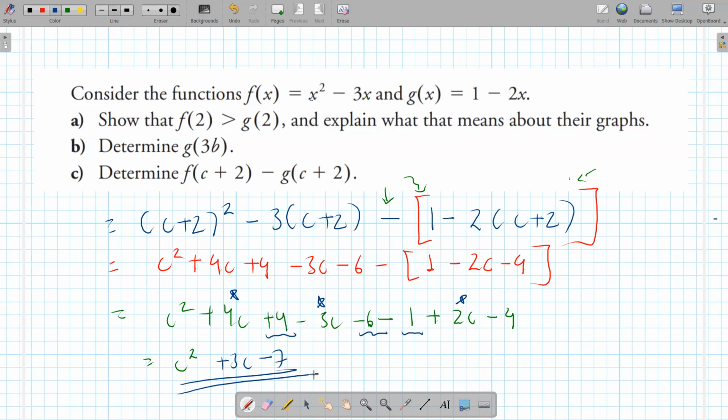Okay? Okay. What if I asked you, in the context of this question, what does that mean? It's f minus g, like the f of x minus g of x. So what if this was a communication problem, right?